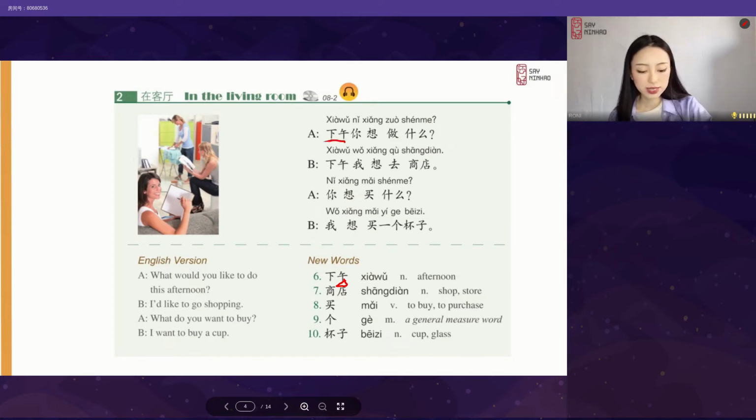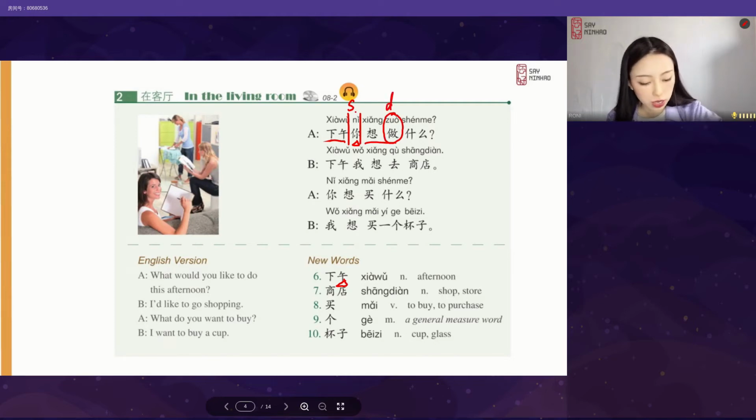Okay, let's see sentence by sentence. First one, 下午, it is a time word, it means afternoon, right? And here is our subject, 你, you. You is the subject of this sentence. And 想做 means want to do something. We just learned 做 means to make, to create, and it also has another meaning, which is do something.